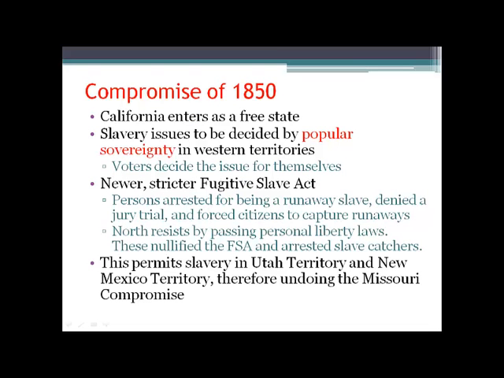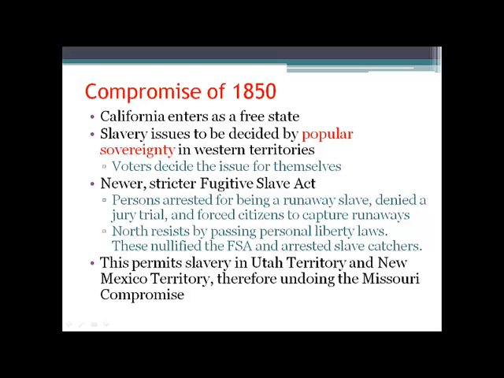Now let's move on to the Compromise of 1850. We're going to come back to your learning target number 1, but let's talk about this in chronological order. The Compromise of 1850. We've got another compromise. California has to enter as a free state. They don't want slavery there.